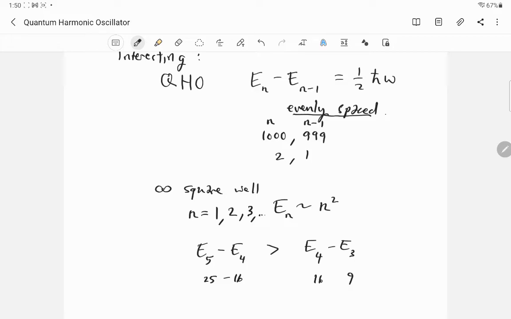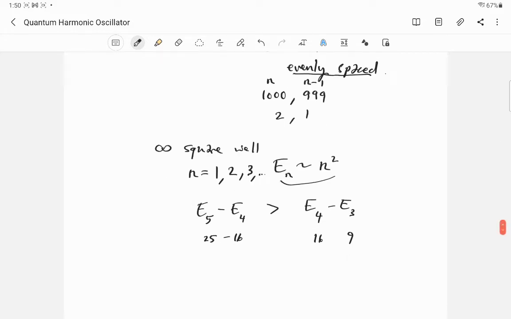The energies go up as n squared, and so we're looking at energy differences like n squared minus n minus 1 squared. Okay.